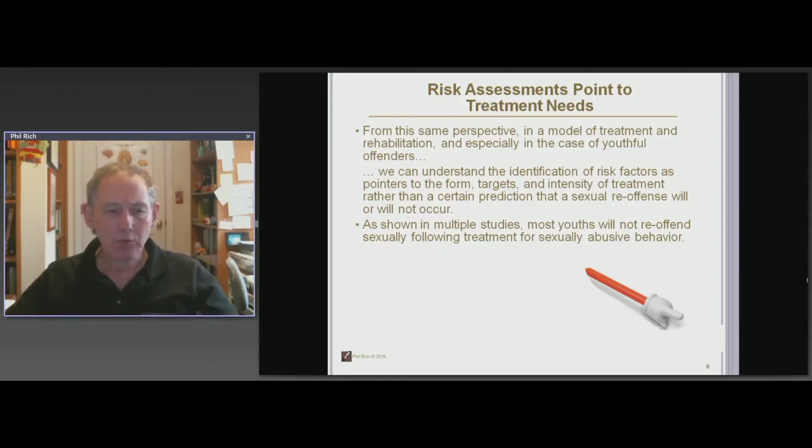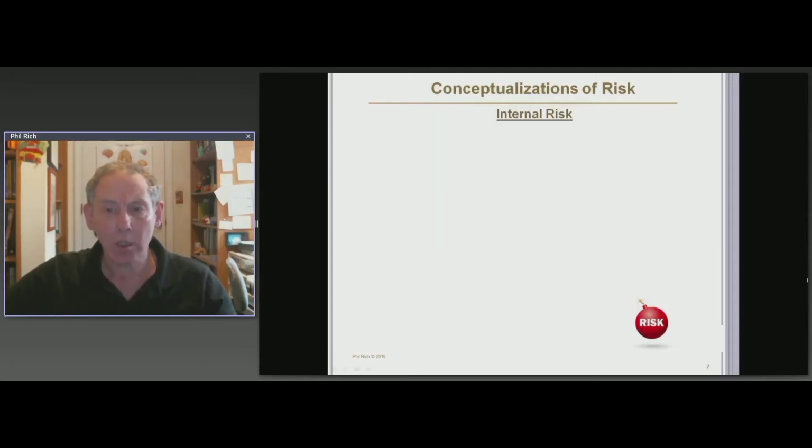But as research keeps evolving and we see more studies coming out, it looks lower than that. It looks as though we could broadly say that sexual recidivism is probably somewhere in the 3% to 11% range, perhaps going up to 15%, but that's not a high base rate. So we know right from the get-go that most youths are not going to reoffend sexually.